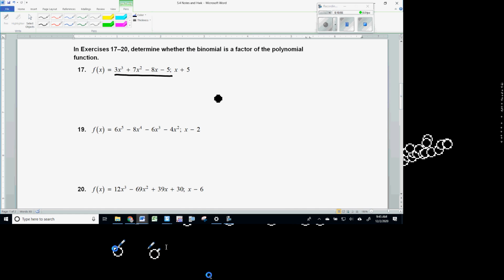So if we're dividing by x plus 5, what number goes in the box? Negative 5. We write down our coefficients: 3, 7, negative 8, negative 5. So I'm going to do this one, and then the next we can do with everybody here. So we drop the 3 straight down.